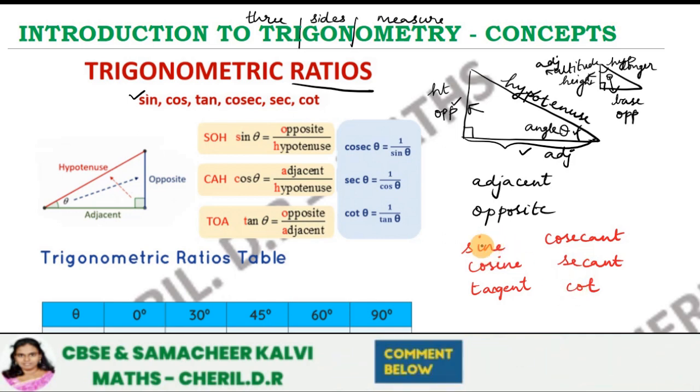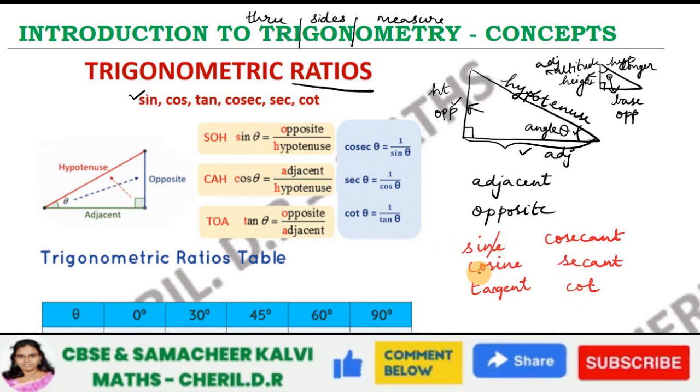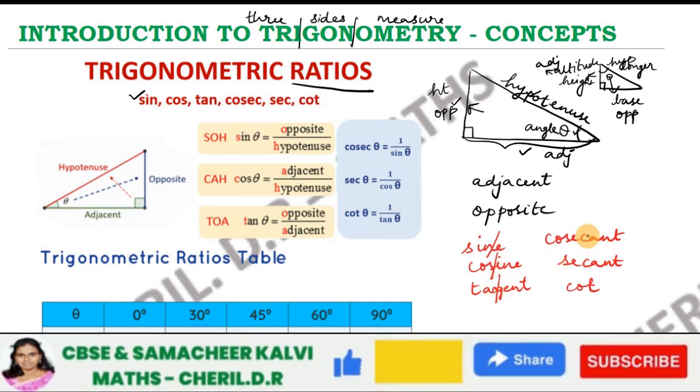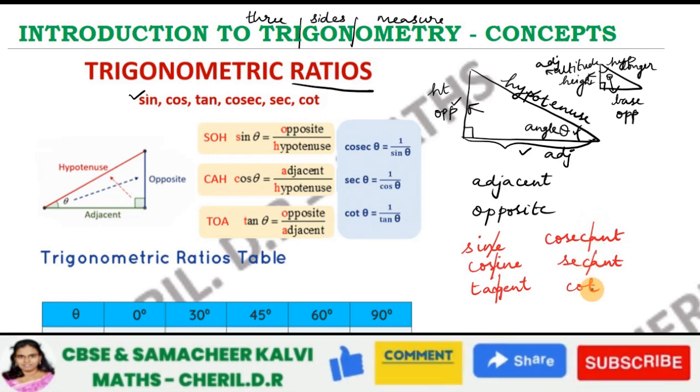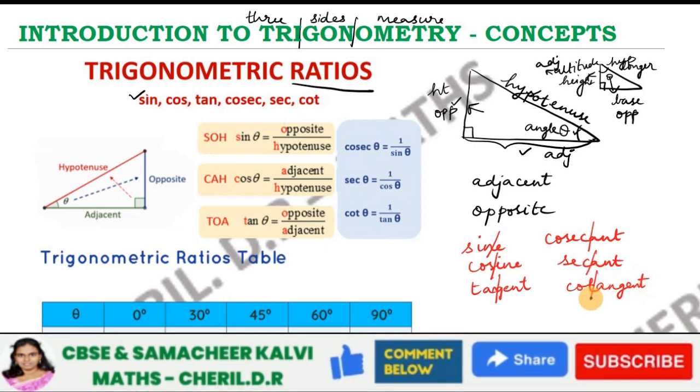So this sine we call only sin, cosine we call cos, tangent as tan, cosecant only cosec, secant only sec, and cotangent we call cot.